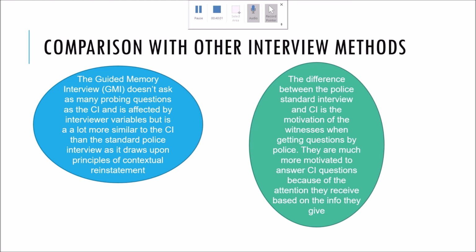Now, this would be, they said, reasonable as a comparison group for determining whether information is recalled in a more accurate way, or more information is recalled because of context reinstatement on its own, or whether it was the combination of techniques of the cognitive interview that meant that we got more information.